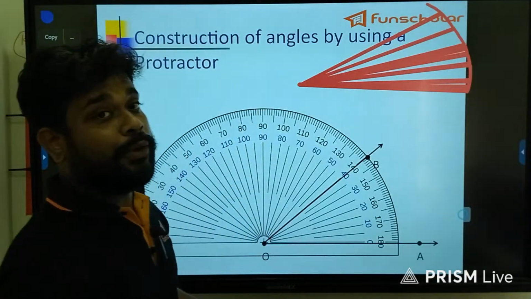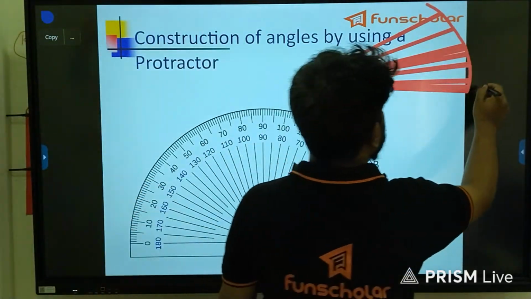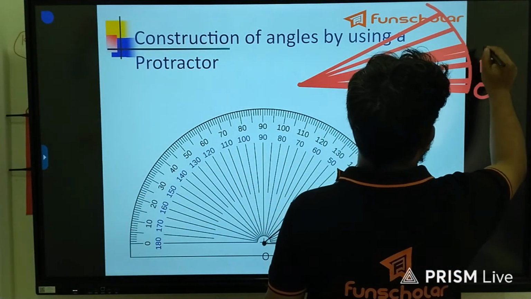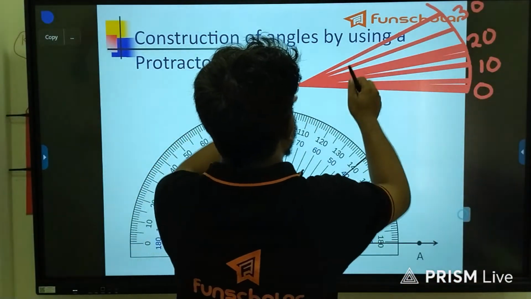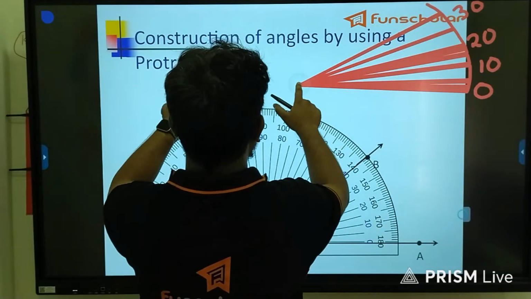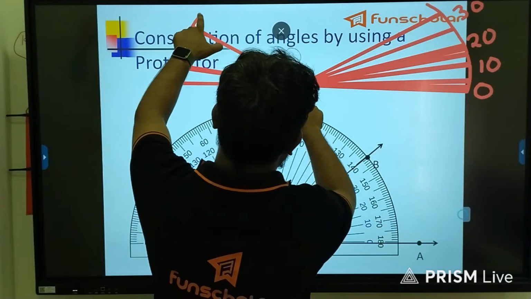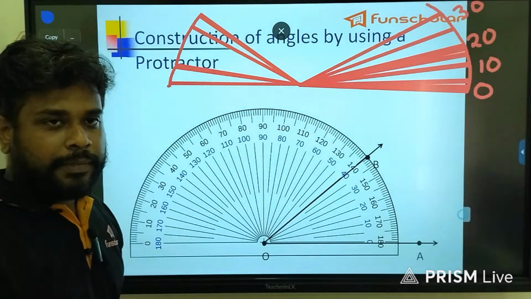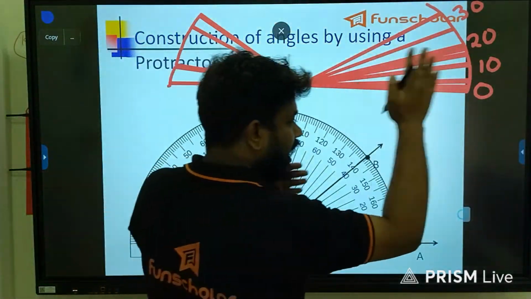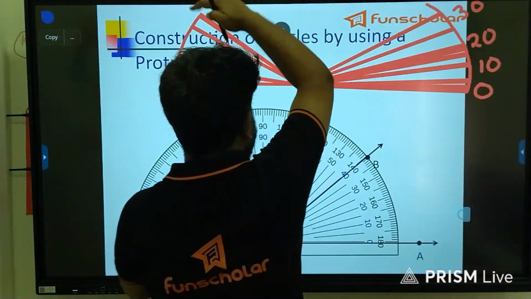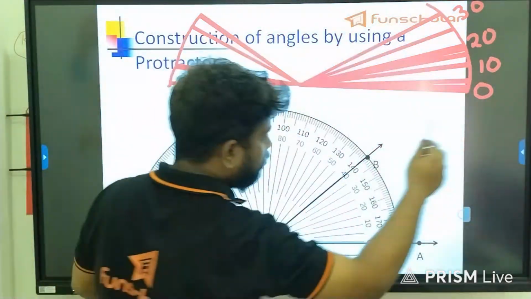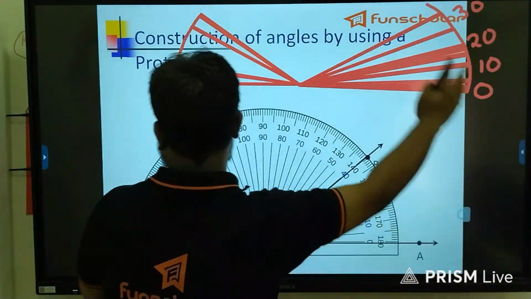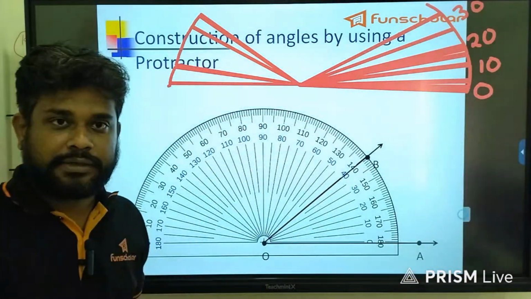So look, it will be 0 degree here, 10 degree here, 20 degree here, 30 degree here, and it will end up at 180 degree, which will be here. Okay, so if I start from the right side, 0 degree, 10 degree, 20 degree, it will start from 0 degree on the right side and end up at 180 degree on the left side.